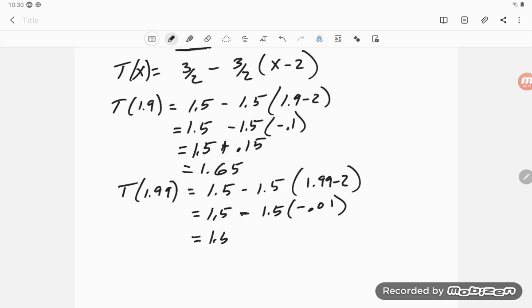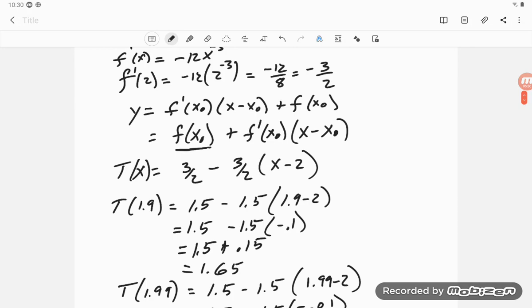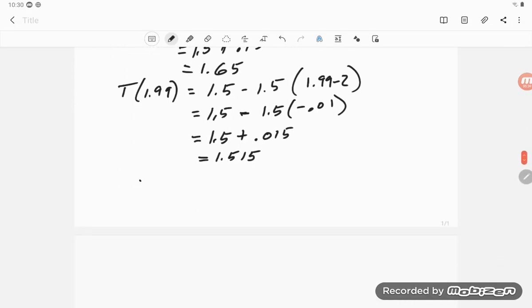So this is 1.5 plus 0.015, so this is 1.515. So if we come up here, we got 1.515, and at 2, it's 1.5. Okay, so what about the function value itself? Oh, heck, I don't know. f of 1.9 is equal to 6 over 1.9 squared. That doesn't sound like fun.